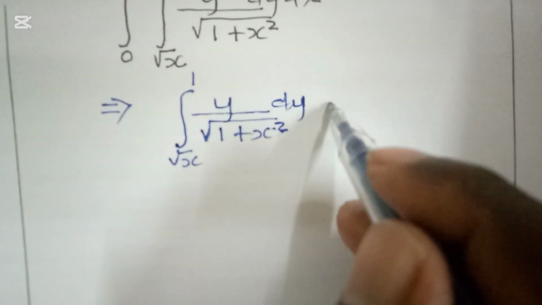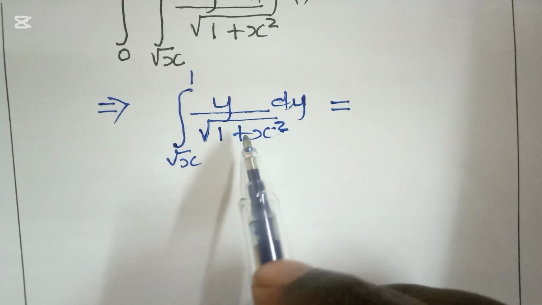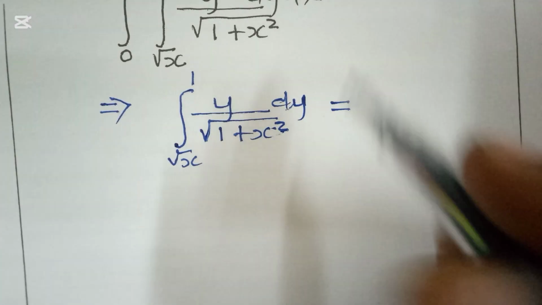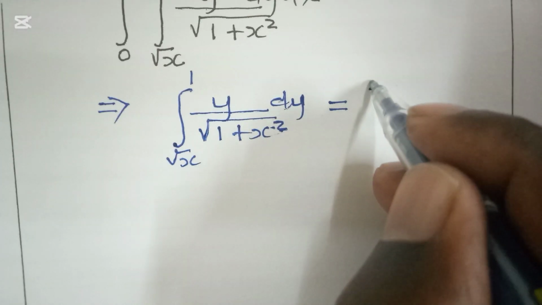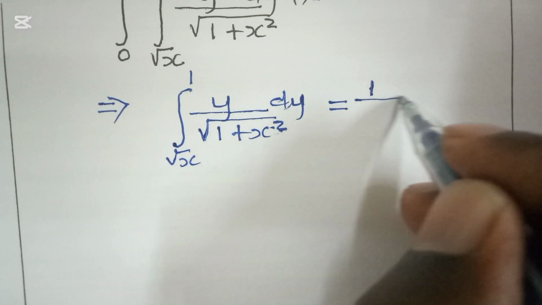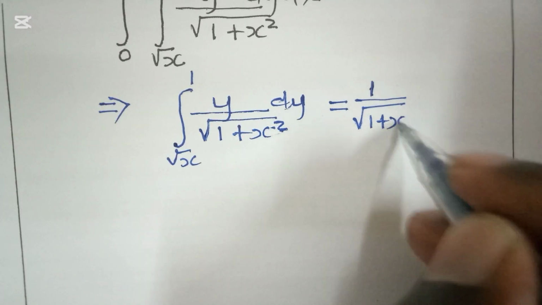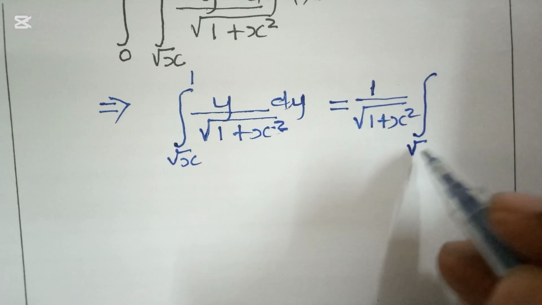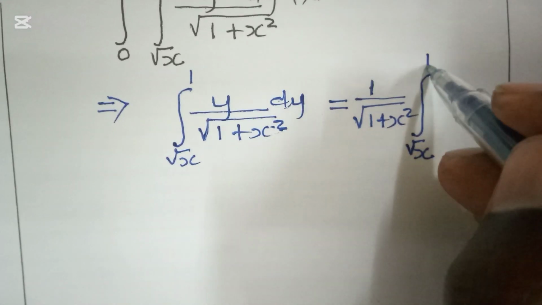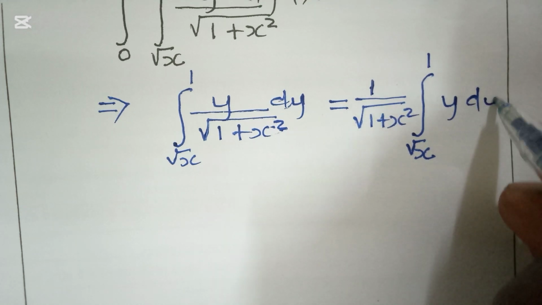So guys, this is now going to be equal to, we can move out the square root because we consider this as a constant. So we shall have 1 all over square root 1 plus x squared integral from the square root of x to 1 of y dy.